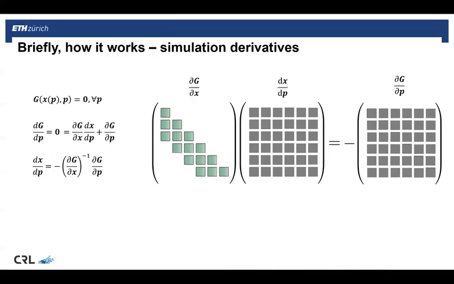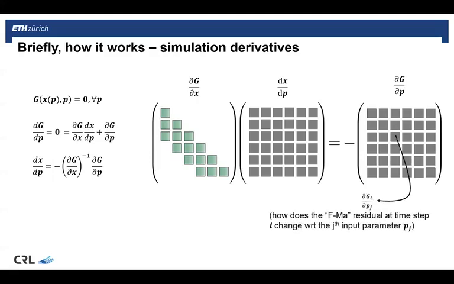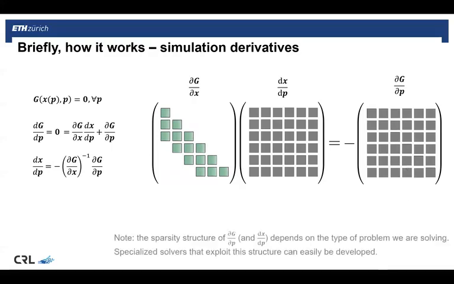Now, we can analyze partial g, partial p in the same way, and each block in here will tell us how the f minus ma residual at time step i changes with respect to the jth input parameter pj. Now, the sparsity structure of this partial g, partial p matrix depends a lot on what p actually means.